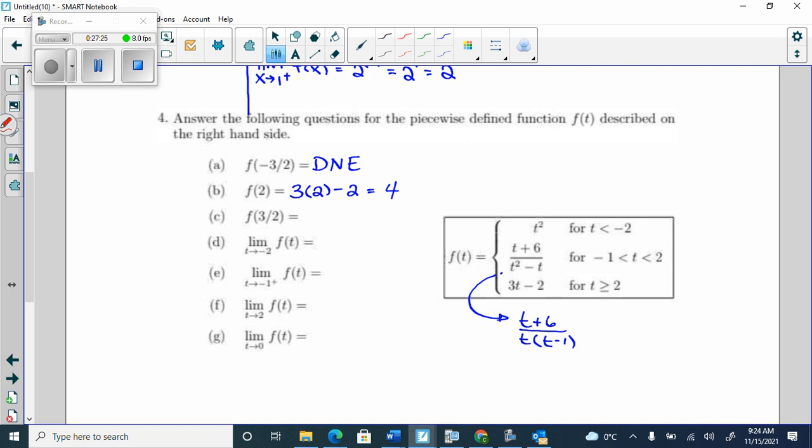In the middle equation. So f of 3 over 2 equals 3 over 2 plus 6 over 3 over 2 squared minus 3 over 2, which is 10. I got 20 over 3. Close enough.